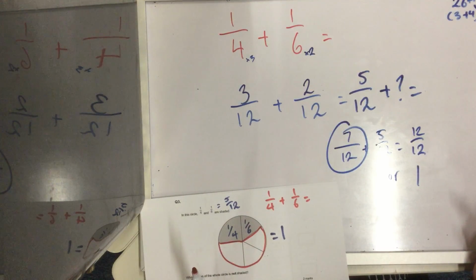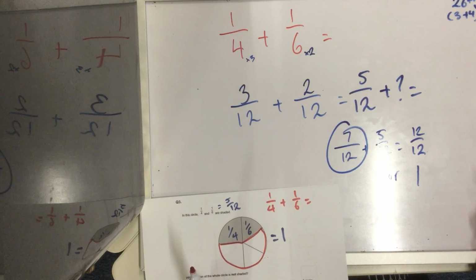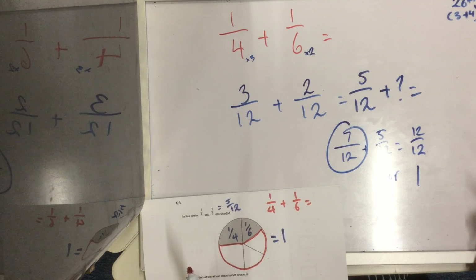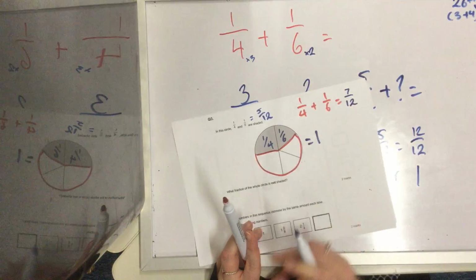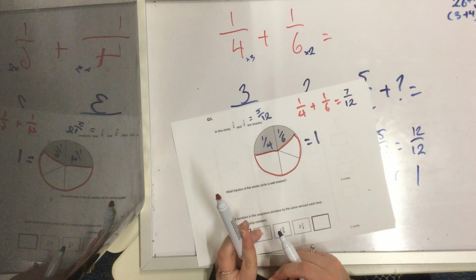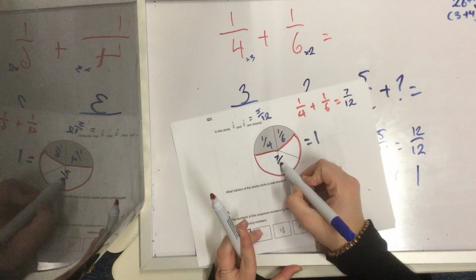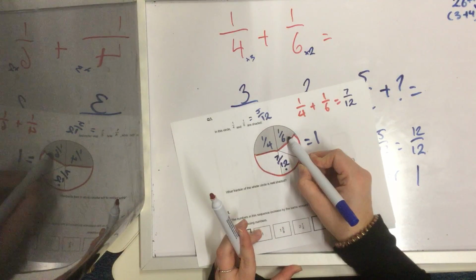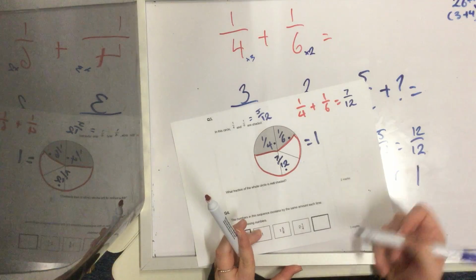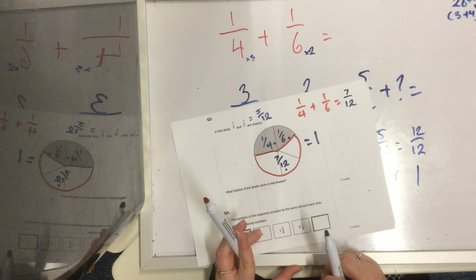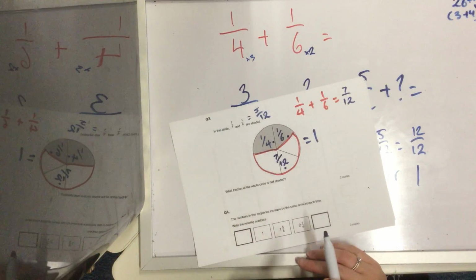So that means that 7/12 would be my answer. And if you wanted to go back and check, you could add up 7/12, 1/6 and 1/4, and you should be left with 1 whole, 12/12. And that's how you do that one.